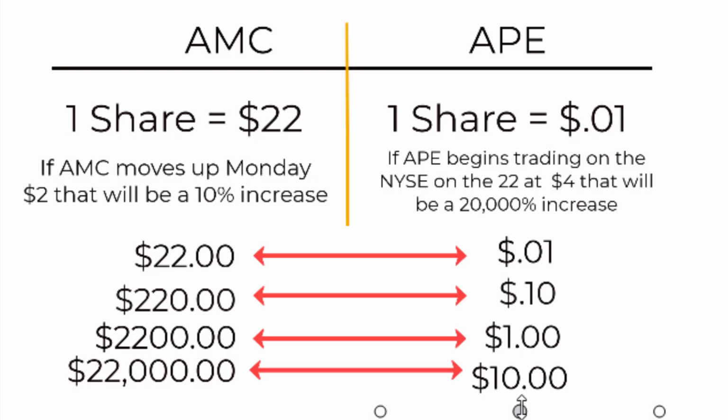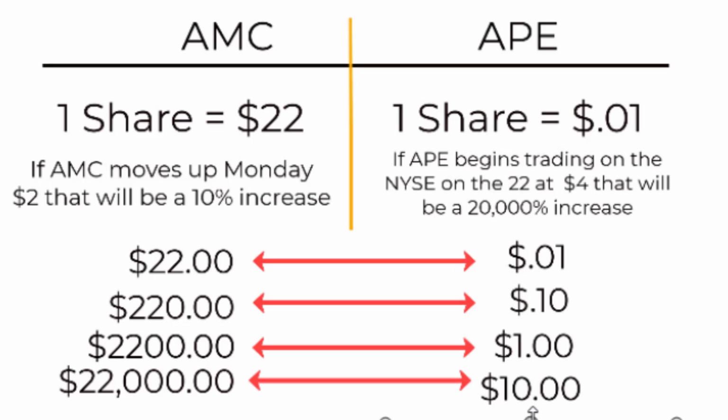If AMC stock went to $22,000 like we want it to, your APE stock only has to go to $10 to match the percentages. So if you have 1 share of APE at 10, 10 shares of APE at 100, and if you have 1,000 shares of AMC, you get 1,000 shares of APE, and it moves up to $10.